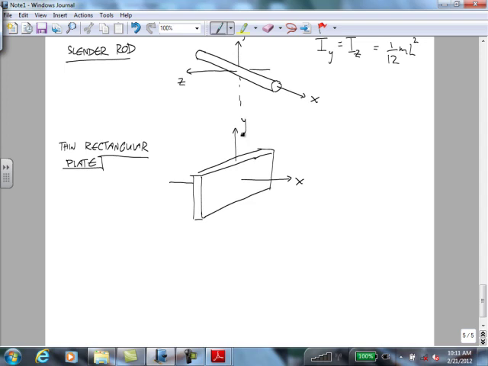And call this length C and this length B. Then the moment of inertia about x is equal to 1/12 mass times b squared plus c squared.